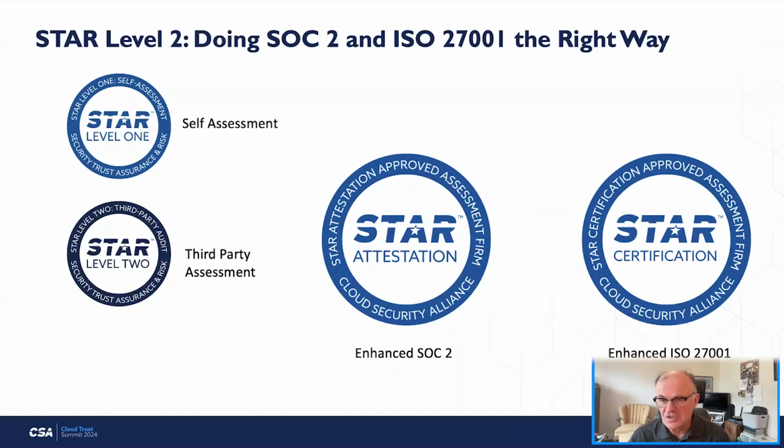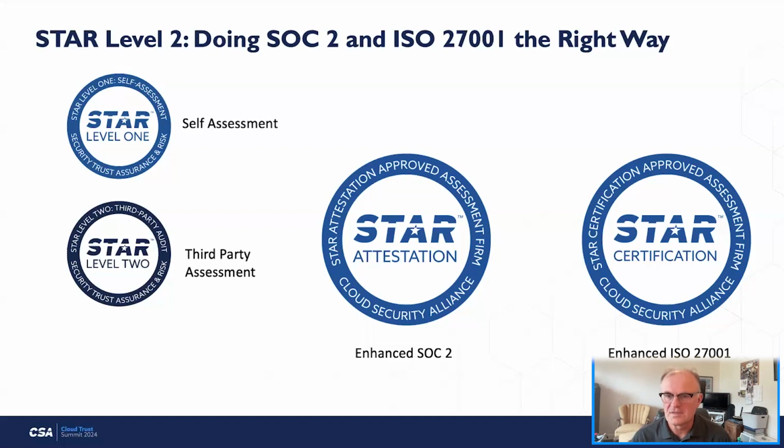STAR certification is ISO 27001, which we've enhanced with Cloud Controls Matrix and, again, some other specific prescriptive guidance on how you do that. So level 1 is our self-assessment. And our self-assessment is something that, independently of this, an organization can fill out the entire questionnaire and describe their controls, and then it gets published.